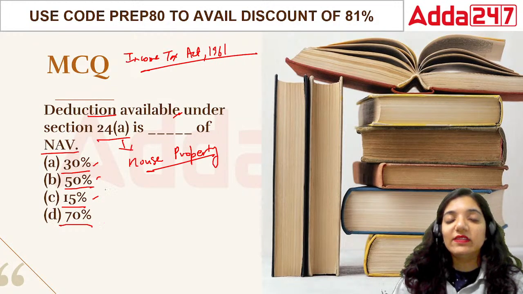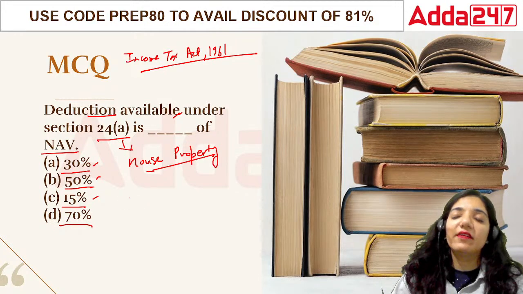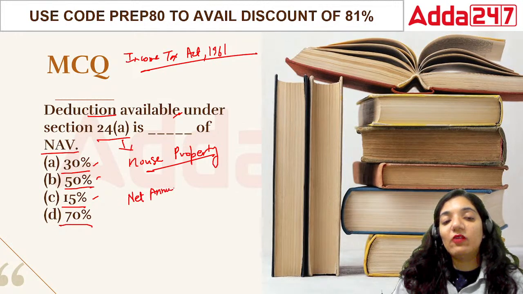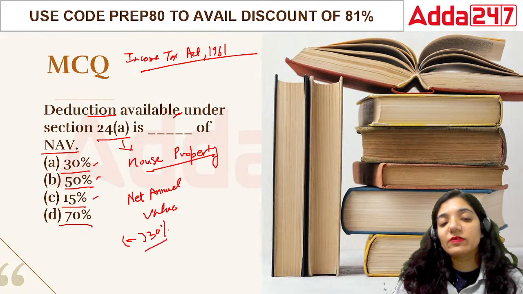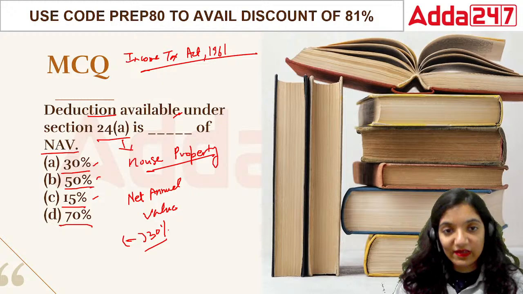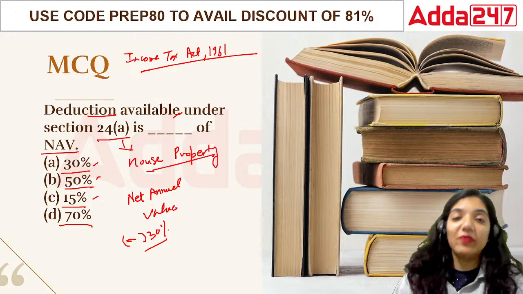Deduction at 24A clearly states that whatever your net annual value would be, out of the total net annual value, we would reduce 30% of it flat. That is a rebate that they are providing in this area, and the remaining 70% is taxable.